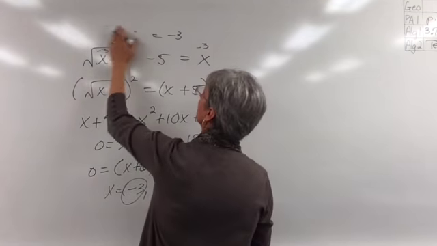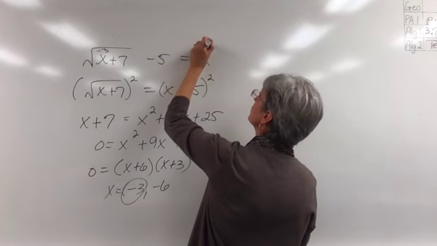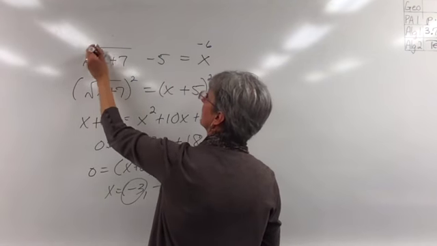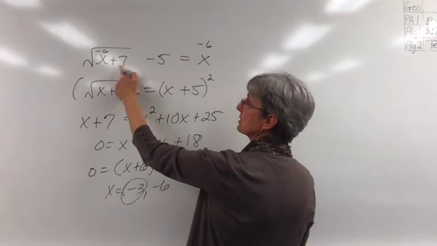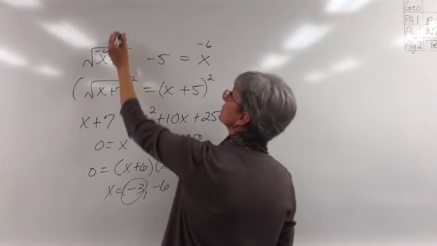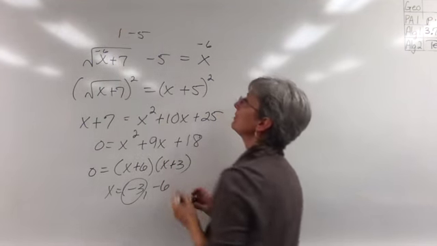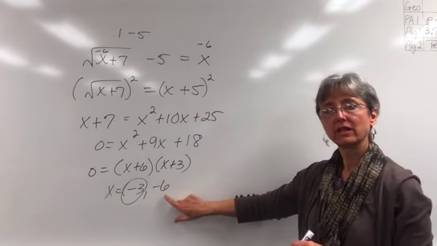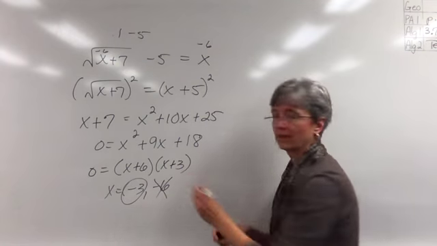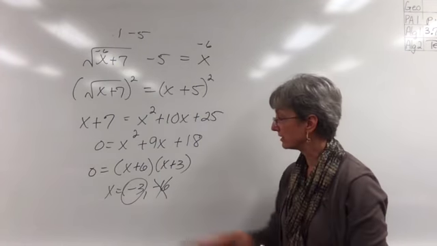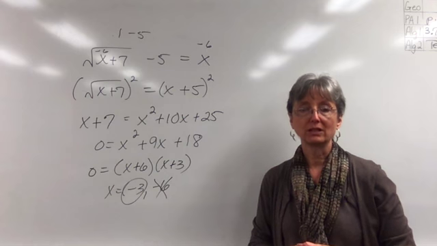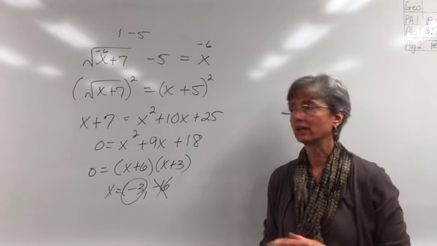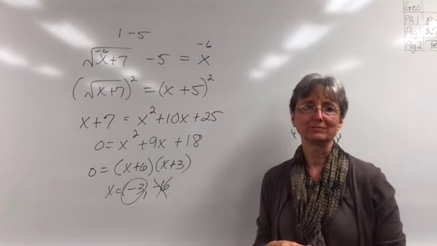So we plug in -6 in both situations, -6 and -6. -6 plus 7 is square root of 1, so this is 1. 1 minus 5. 1 minus 5 is not -6. Sure enough, this one doesn't work. So we only have one solution, -3. Please don't forget to check, and don't forget to FOIL.